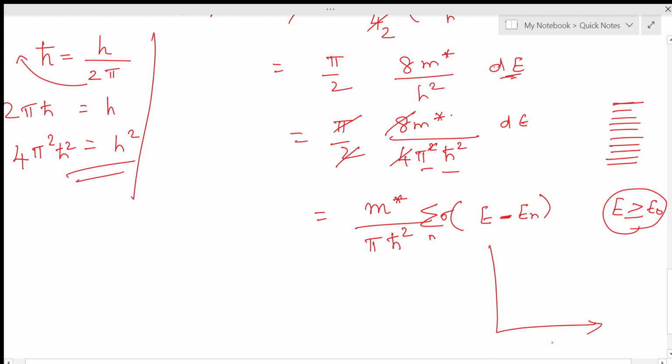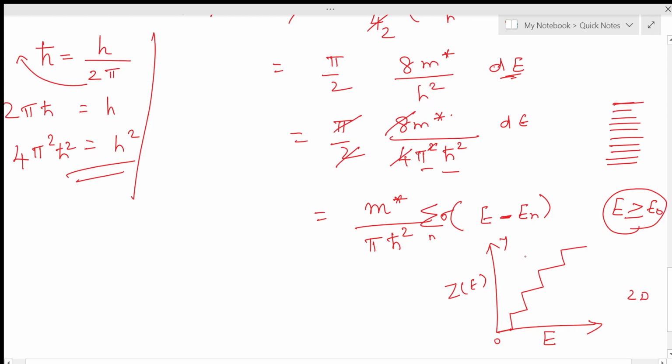the x-axis the energy of the electron in this two-dimensional structure is taken, and along the y-axis the density of states of the two-dimensional structure is taken. The electron will be moving as x, y, x, y, x, y in this way, which means that it is moving in two dimensions.